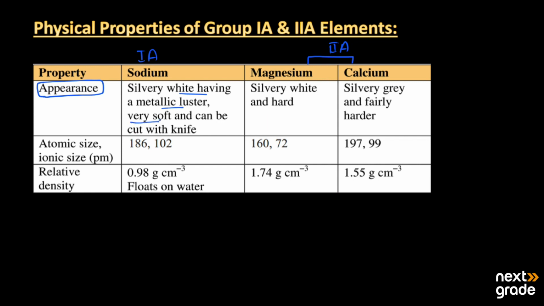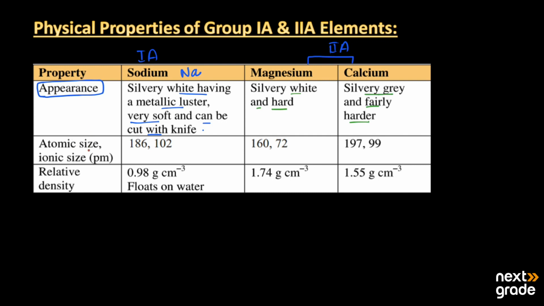It is very soft and it can be cut easily with a knife, and the symbol of sodium is Na. Then we have magnesium. It is also silvery white but harder than sodium. And calcium, which is also an alkaline earth metal, is silvery gray and fairly harder than sodium.